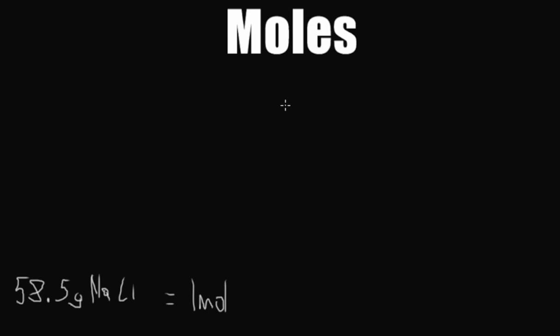So what we'd say is that if 58.5 grams of sodium chloride contains 1 mole, and 40 grams of sodium chloride contains an unknown value, let's call it X moles, we can put this into an equation by cross multiplying.